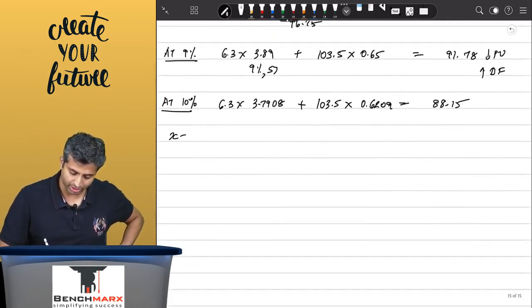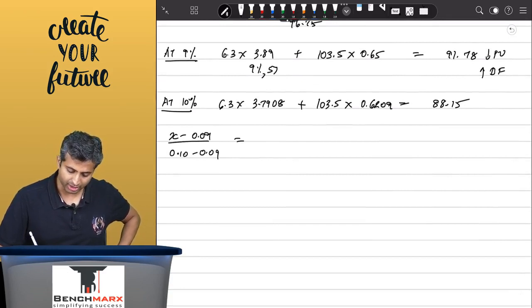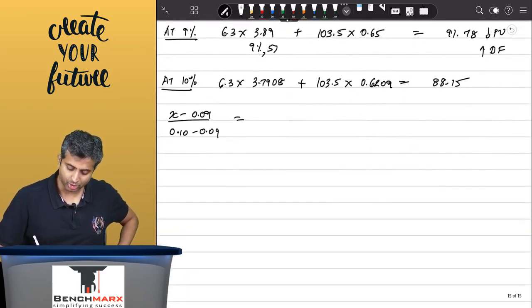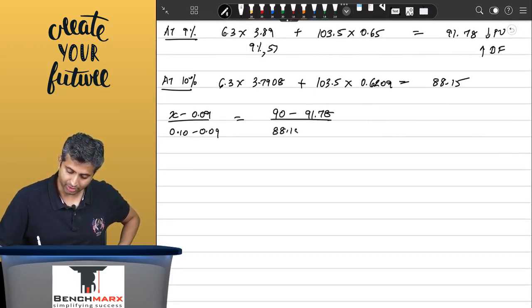that is x minus the lower number, that is 9, upon the higher number minus the lower number, and hence on the right hand side you will have 90 minus 91.78 upon 88.15 minus 91.78.